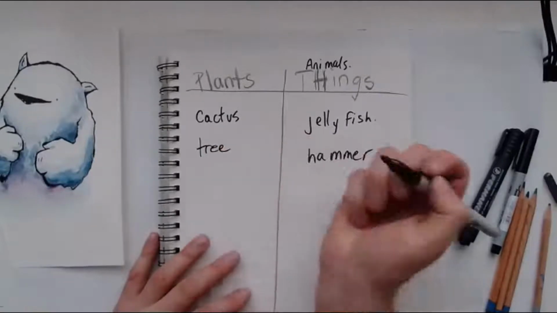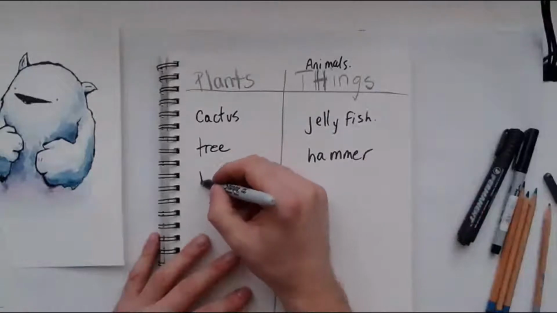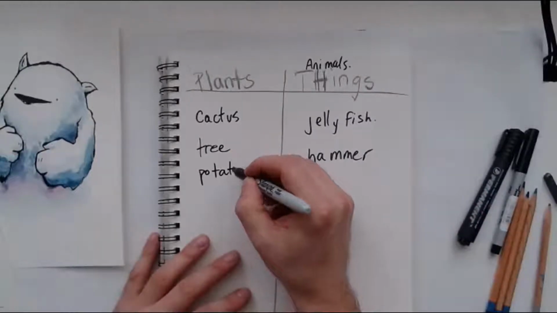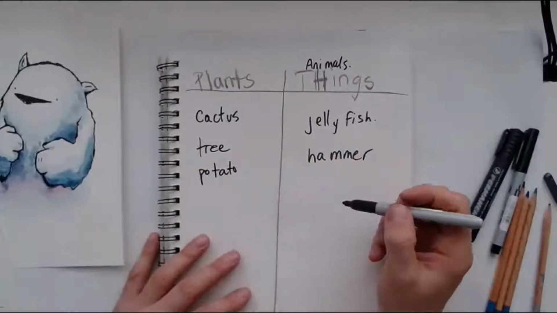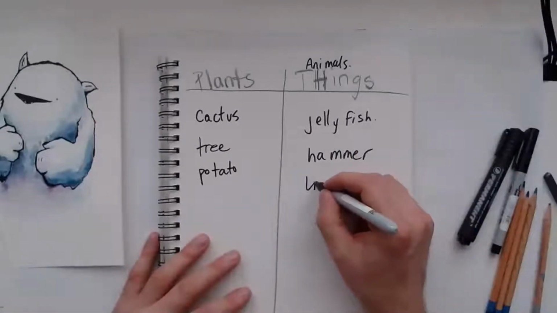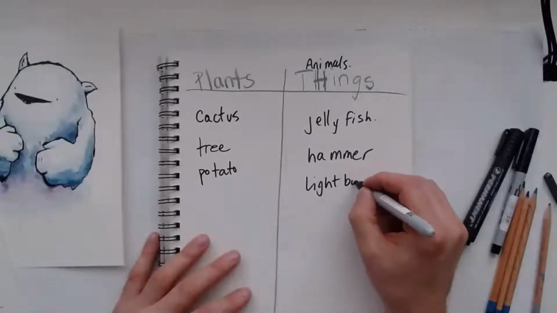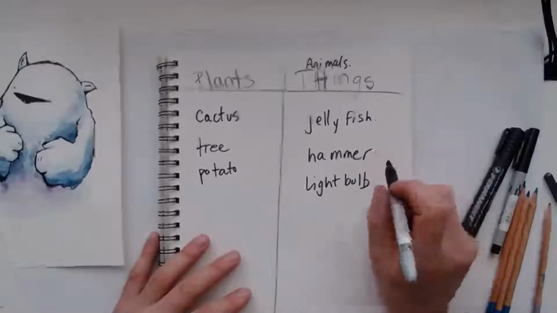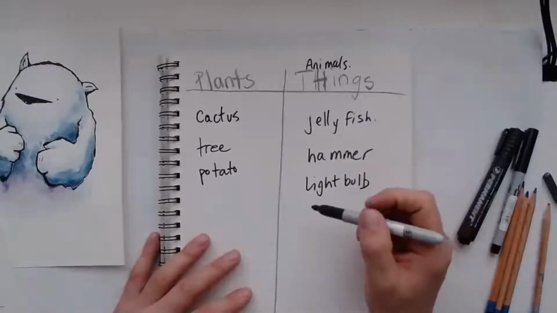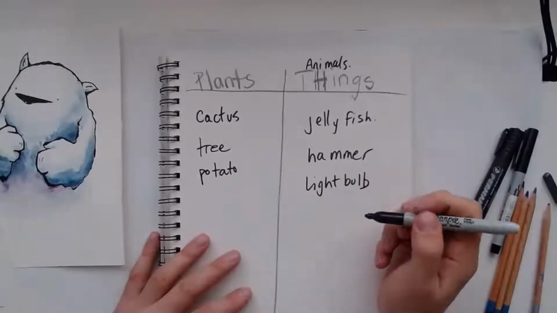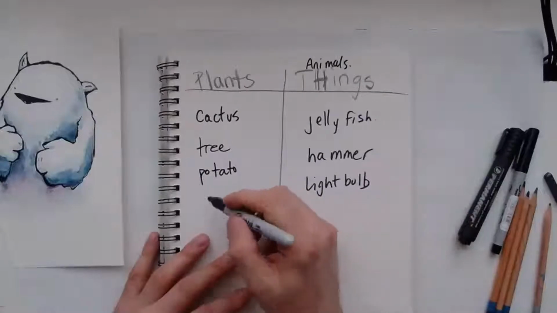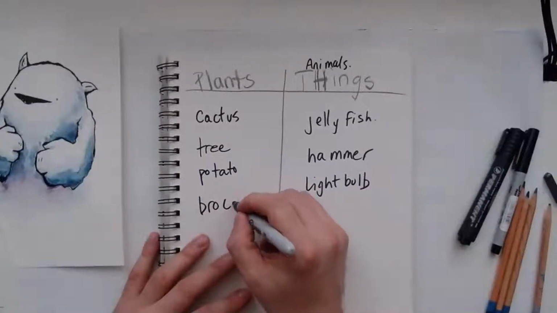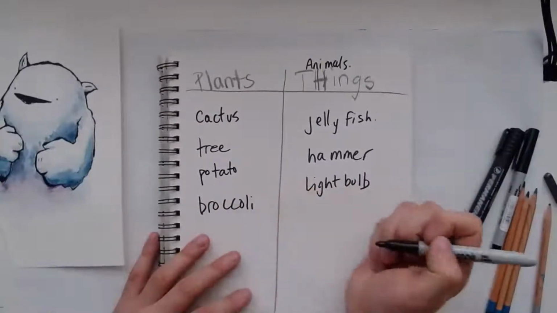A tree is a plant. Let's see, a potato, maybe, like potato plant. A light bulb. Let's see. Broccoli.